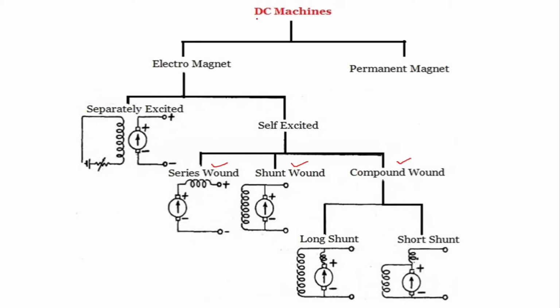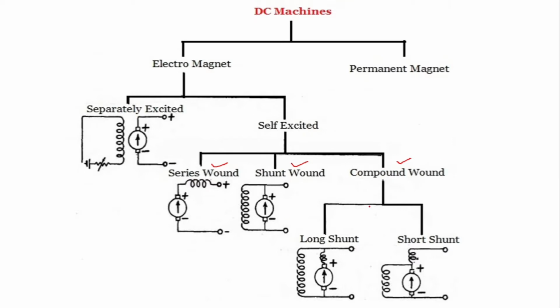That means if I am considering DC motors, then the DC motor would be an electromagnetic DC motor or a permanent magnet DC motor. Further, it could be a separately excited DC motor or a self-excited DC motor. Then further, in terms of self-excited, you have series wound DC motors, shunt wound DC motors and compound wound DC motors.